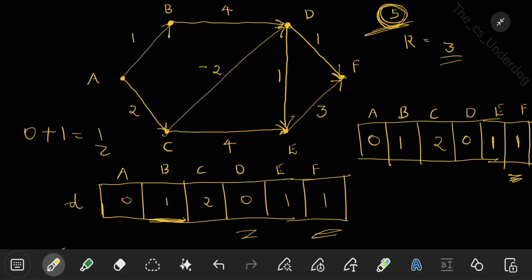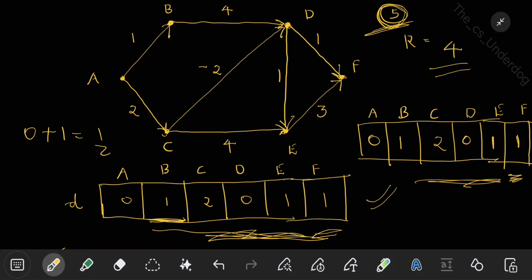What happened now? I did my fourth round of relaxation. But if you see the array before this relaxation and after this relaxation, both are exactly the same. So no change happened in this round of relaxation. What did we discuss in the last lecture? In case of Bellman Ford algorithm, if there is no improvement after relaxing all edges in an iteration, you can stop the algorithm here.